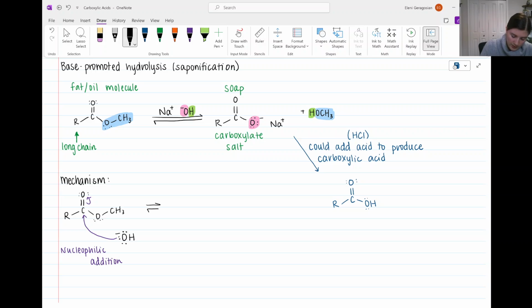So we form a tetrahedral intermediate: R group bonded to carbon, bonded to the OCH3 group. We have a single bond to the oxygen and a single bond to the OH group.